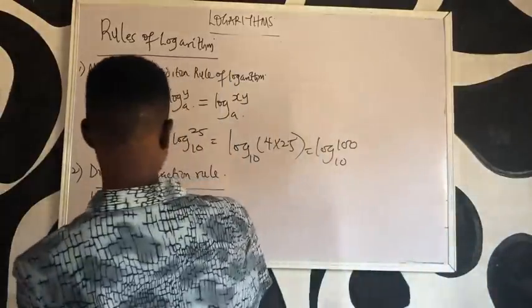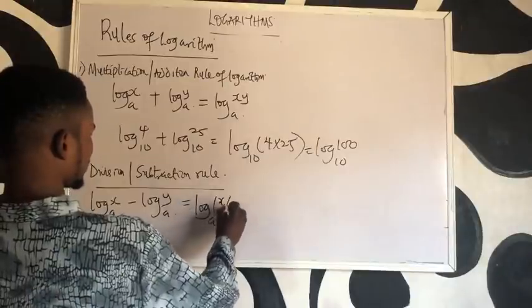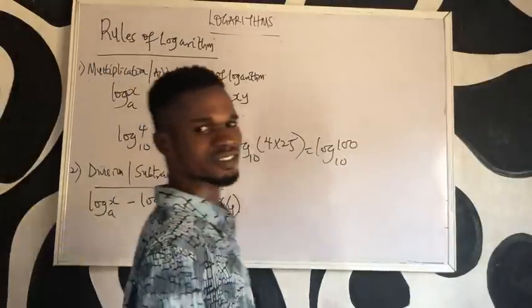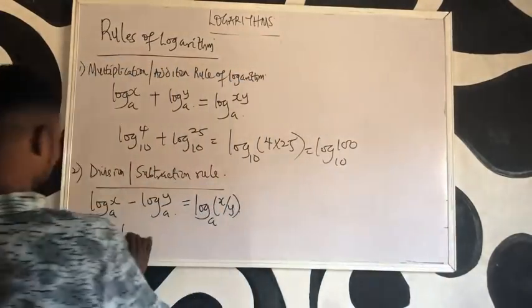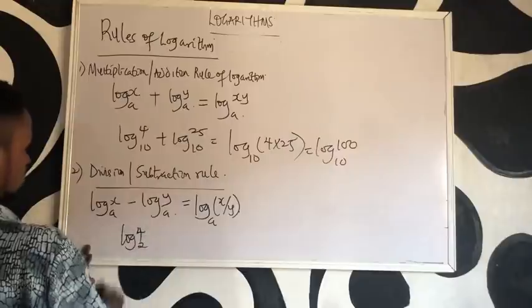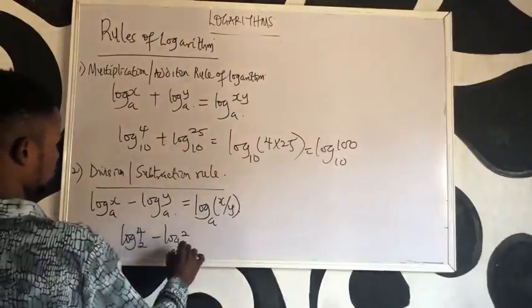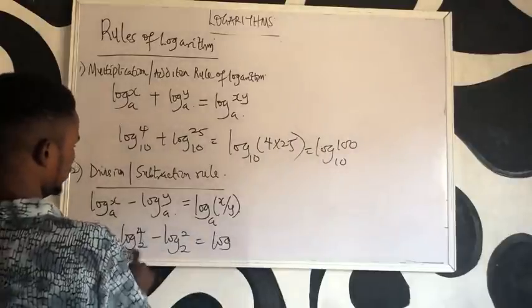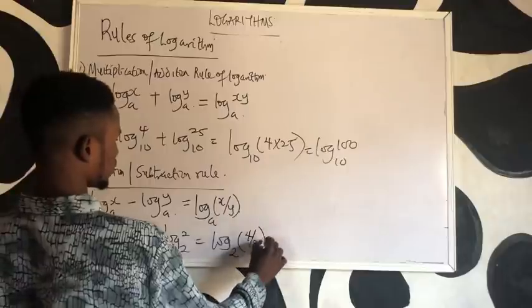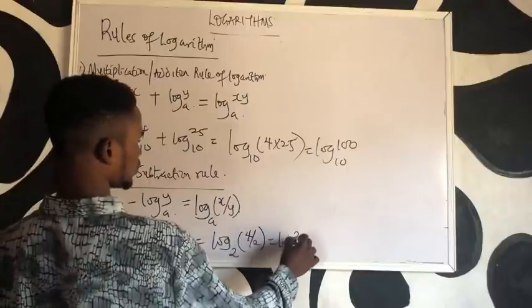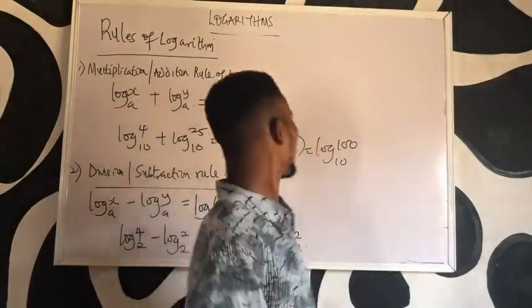We have log x over y base a. Let's say we have log 4 base 2 minus log 2 base 2, of the same base. We take 4 over 2, which is log 2 base 2.